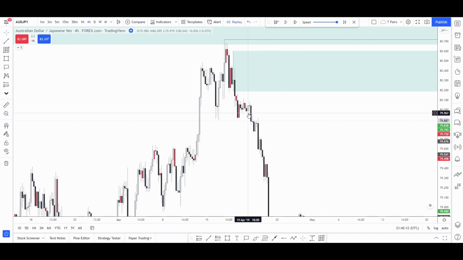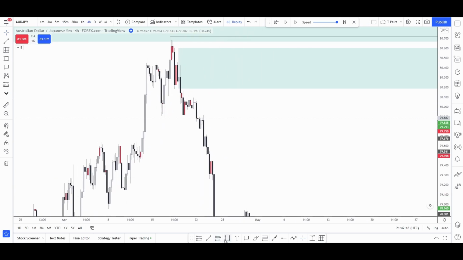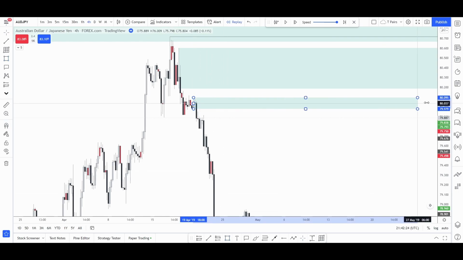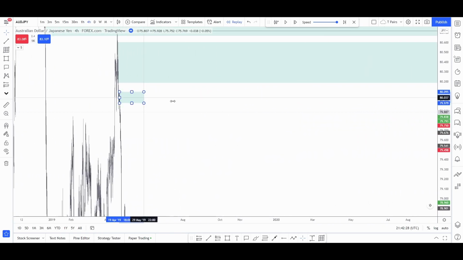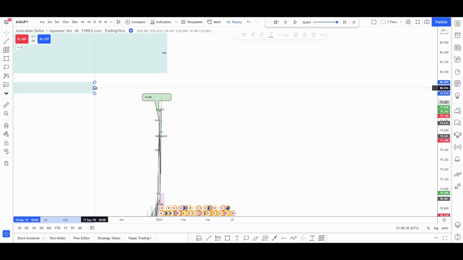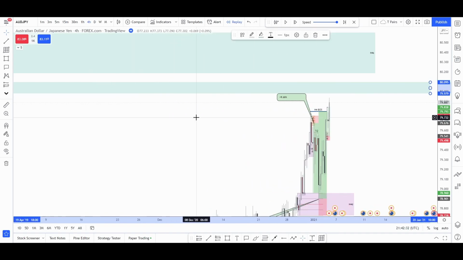And then what was our last push up? Our last push candle was really kind of this one. Oh, which we're just kind of approaching.